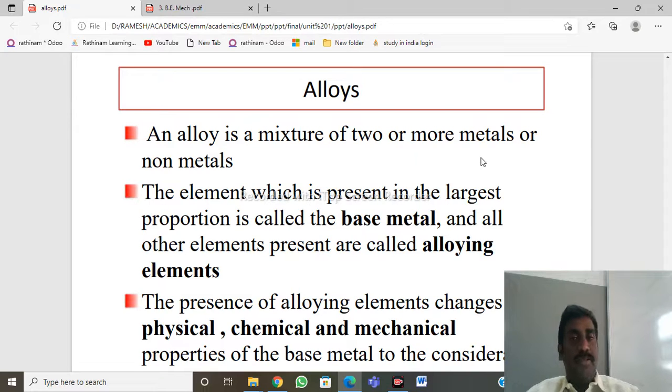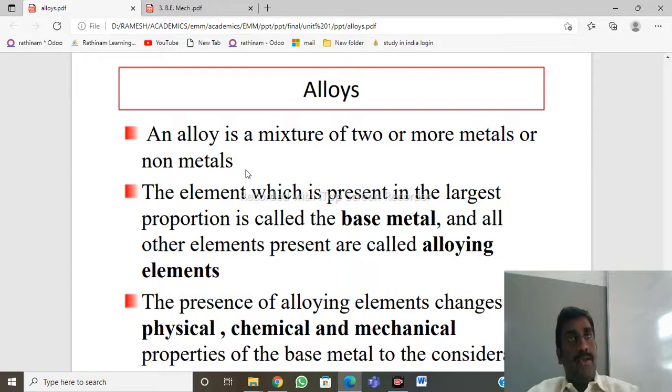If we take iron for an engineering application, then we name it iron. But we cannot call it an alloy, because an alloy is a mixture of two or more metals together to make a composite.